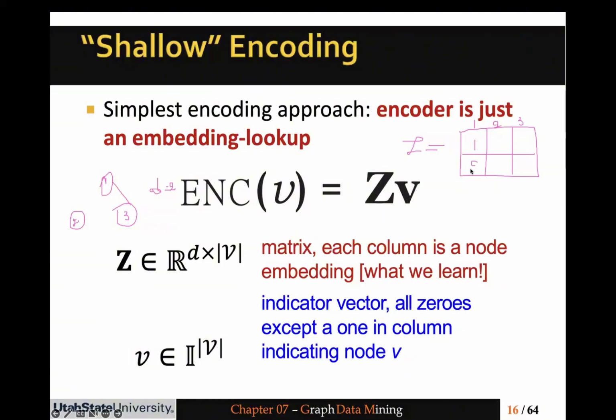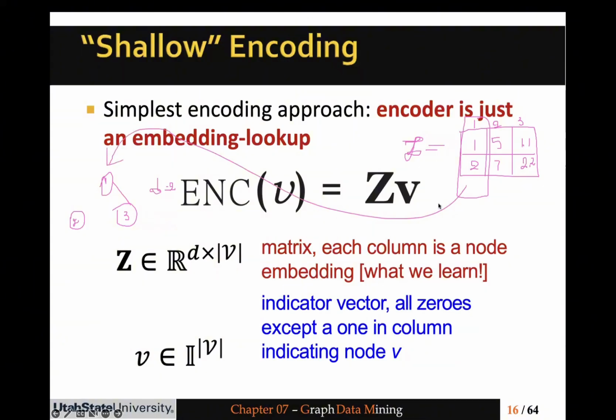So let's say the embedding of 1 is 1, 2. The embedding of 2, because it's a completely unconnected node, is 5, 7. And 3 is a little bit different from 1, but it should be closer to 1 because they share a link, so let's say it is 2.1 and 2.2. Hopefully my Z matrix will give me the encoding, in the form of a column, that corresponds to every single node in my original network.